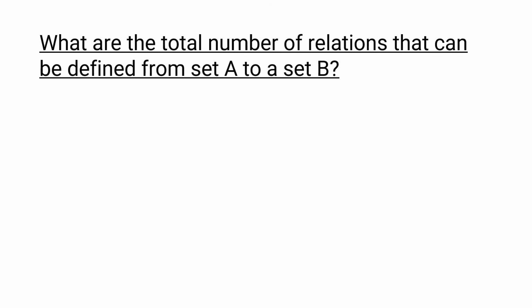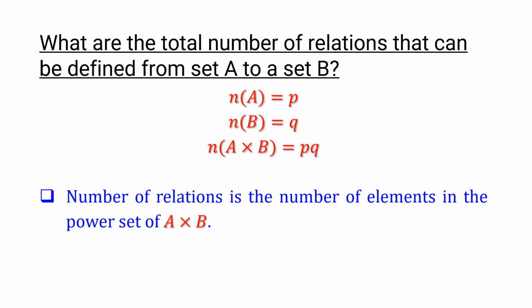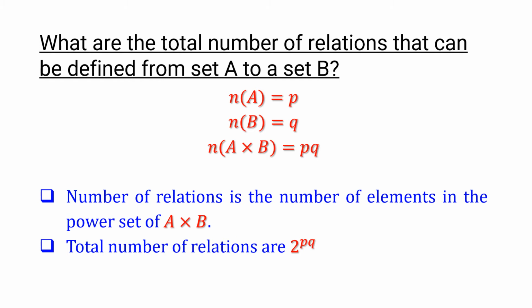Now there are any number of relationships that can be defined from set A to set B. Suppose that the number of elements in set A is P and the number of elements in set B is Q. So the number of elements in the Cartesian product of the sets is P times Q. Therefore, the number of relationships that can be defined from A to B is the number of elements in the power set of A cross B. Therefore, the total number of relationships that can be defined between A and B is 2 to the power P times Q. Does this mean that this many relationships exist between A and B?